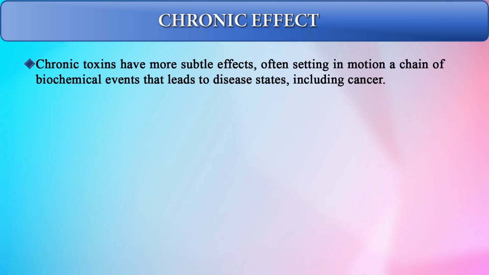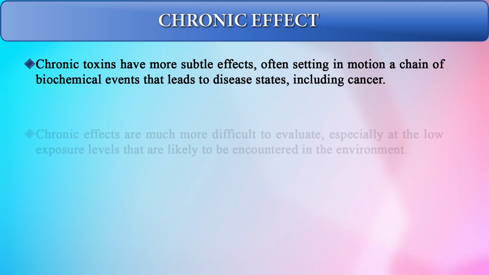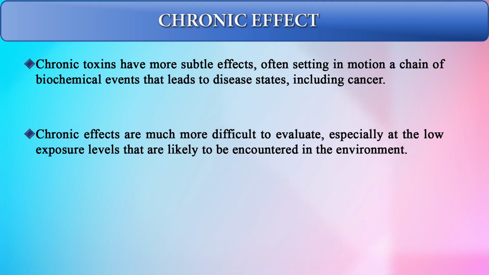Chronic toxins have more subtle effects, often setting in motion a chain of biochemical events that lead to disease states, which also include cancer. Chronic effects are much more difficult to evaluate, especially at the low exposure levels that are likely to be encountered in the environment.